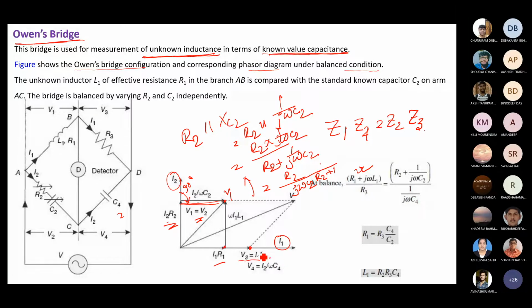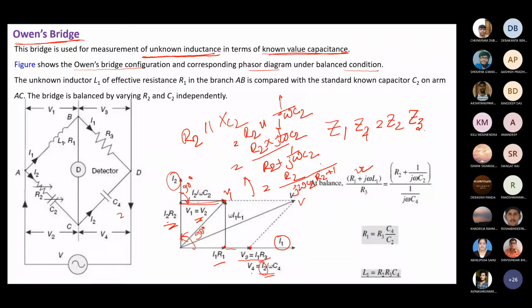Then V4 equals I2 by j omega C4, where I2 again is 90 degrees leading. Add them and you will get the value of V. Simple calculation.